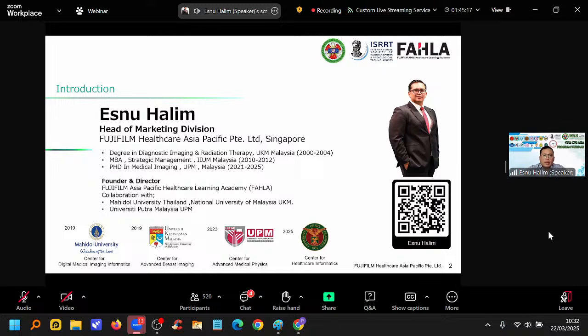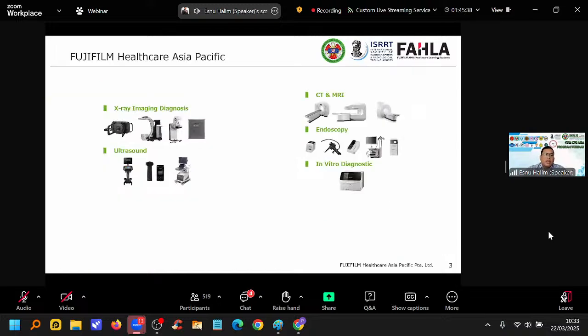Then in 2023, we signed another MOU with University Putra Malaysia, focusing on advanced medical physics. And coming soon, next week, we'll be signing another MOU with University of Philippines to establish Center for Healthcare Informatics.